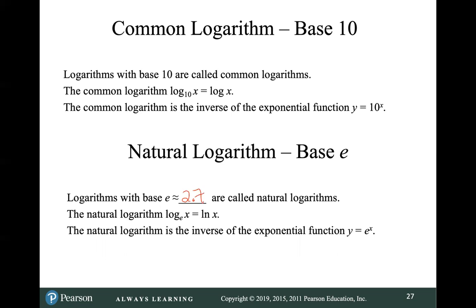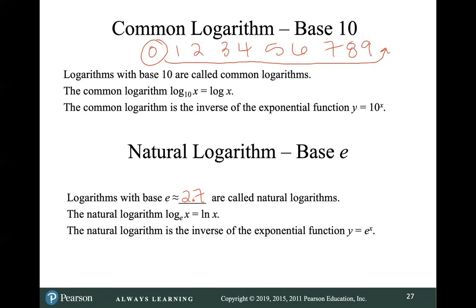Then 1 is our second. 2, 3, 4 is our fifth. 5, 6, 7 is our eighth. 8 is our ninth, and 9 is our tenth digit. So 0, 1, 2, 3, 4, 5, 6, 7, 8, 9. If we take that 0 and we put it at the end, it's a little bit easier to see. There are 10 digits. And that is why base 10 is our common base.